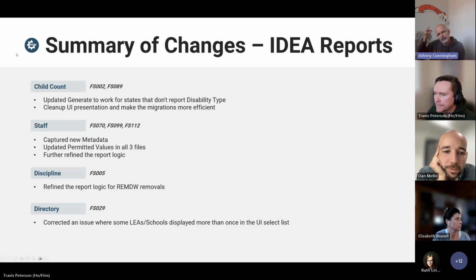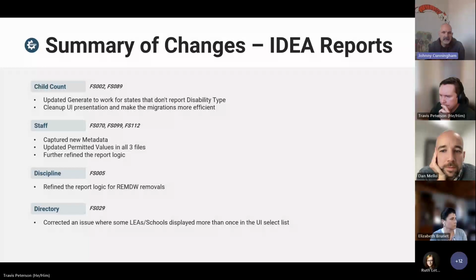There was one category that was retired, replaced by a new one, so that change was implemented. And then there was one logic change, the third bullet there, for staff members that had multiple districts. So we refined that logic to make that work more efficiently.